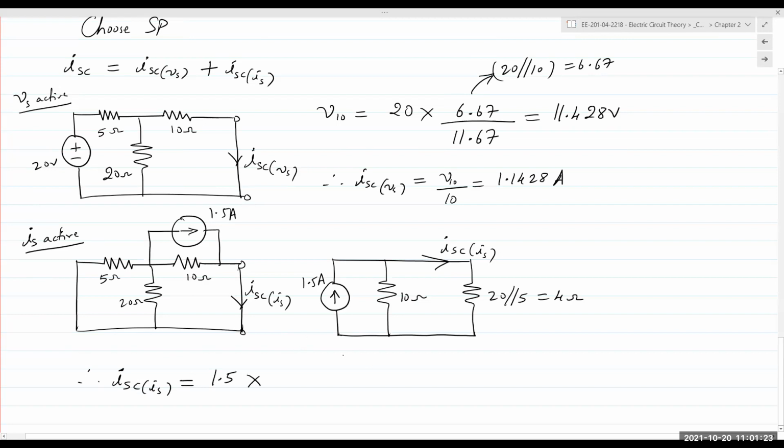That Req is 10 in parallel with 4. 10 in parallel with 4 is 40 divided by 14, 2.857, divided by 4, times 1.5, 1.071.